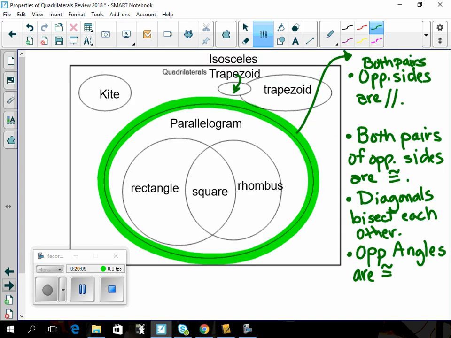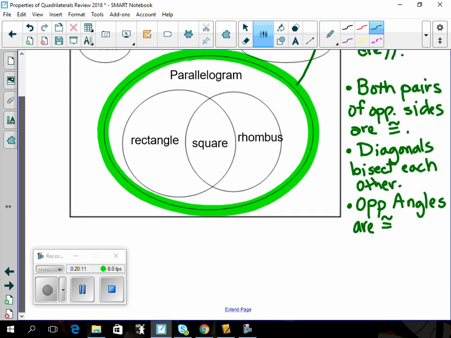Okay? All right, last property, I'm going to put by itself, put a little squiggly line, because it's a way to prove something's a parallelogram.